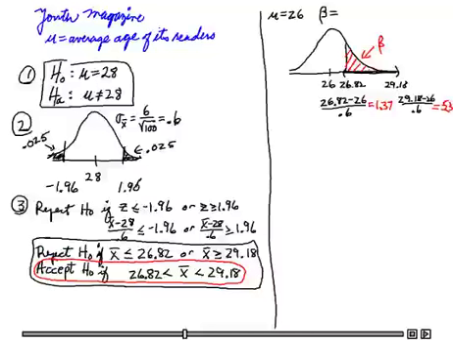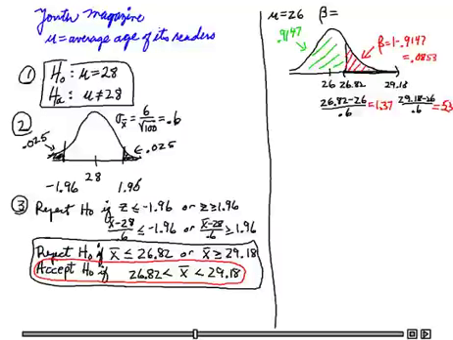So if I look up the 1.37, I get an area to the left based on the table of 0.9147. And therefore beta is going to be equal to 1 subtract 0.9147, which is equal to 0.0853.